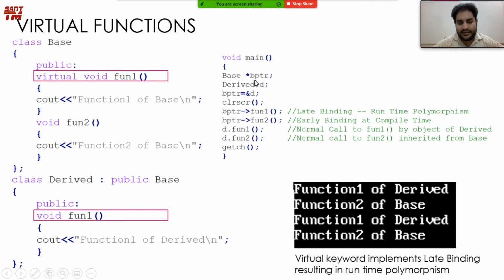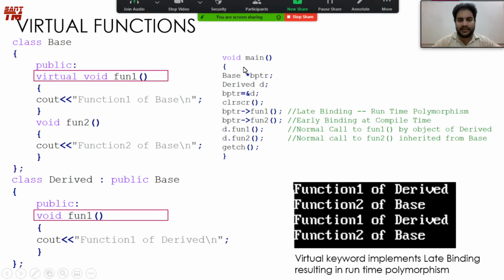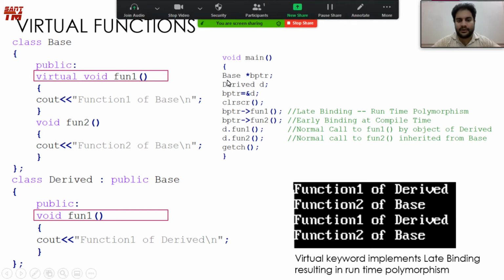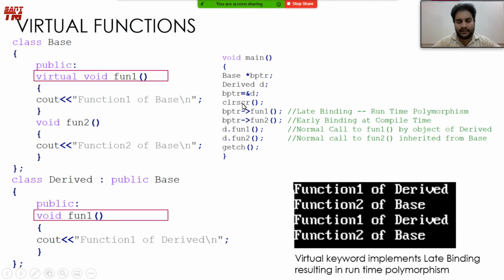Base star bptr. This statement means I have created a pointer object of the class base. What is the difference between a normal object and a pointer object? A pointer object will store some address. What address? Obviously the address of a variable that would be of base type. Suppose I have an integer variable int a and I want to store its address. Then I will create a pointer, int star ptr, and I will assign the address of a to that ptr.